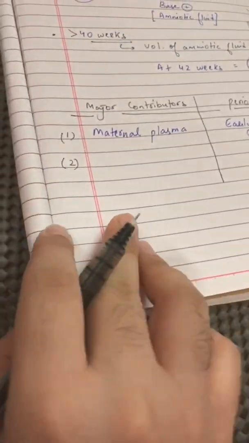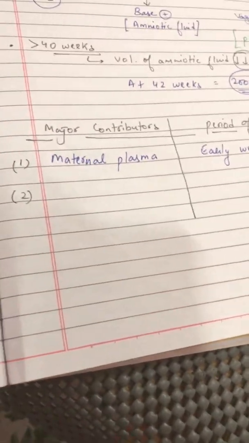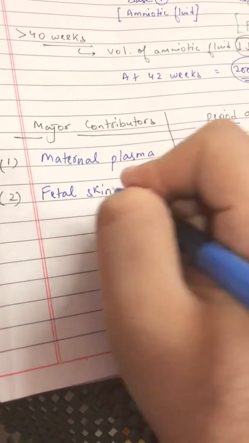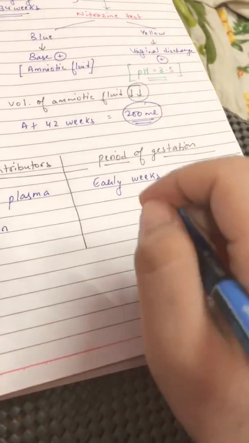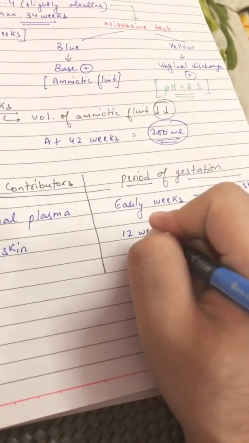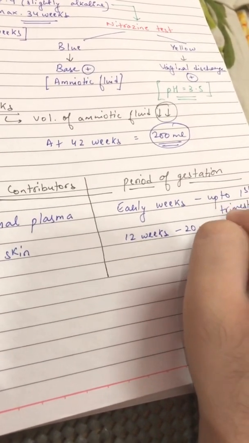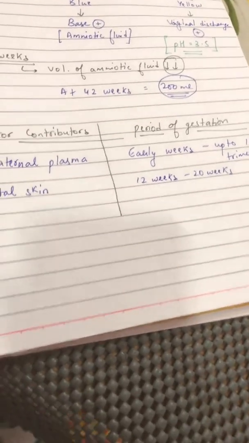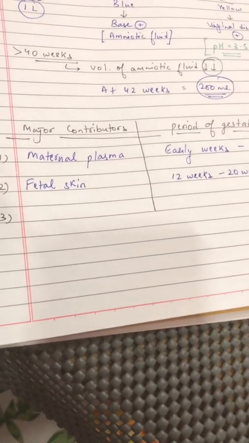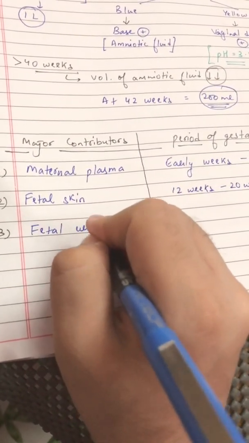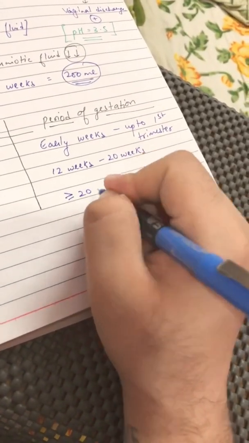The second major contributor is fetal skin, and it is present from 12 weeks up to 20 weeks of pregnancy. And the third major contributor is fetal urine, which is present beyond 20 weeks of pregnancy.